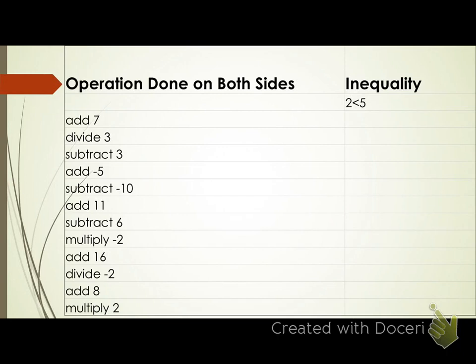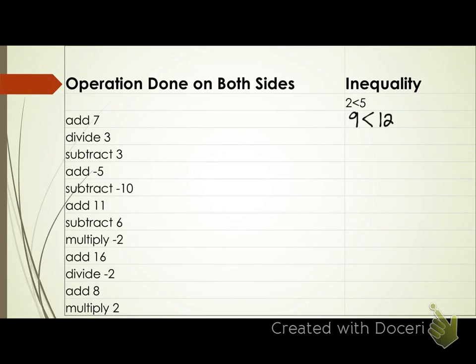If I add 7 to both sides of the inequality, what's 2 plus 7? 9. What's 5 plus 7? 12. Is my symbol still going to be less than, or is it going to be greater than?